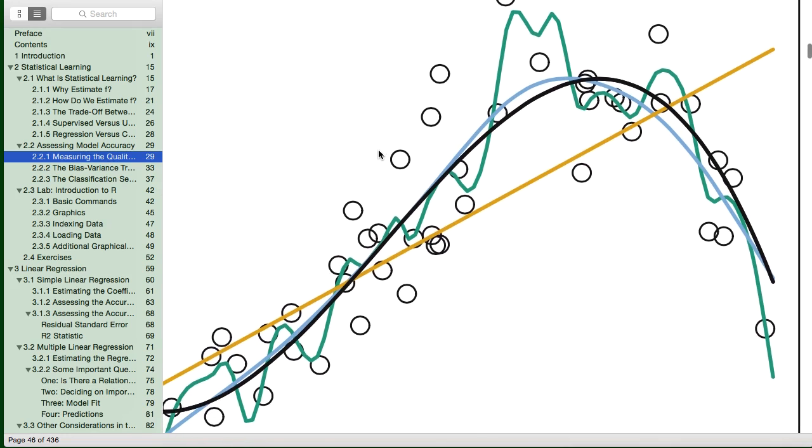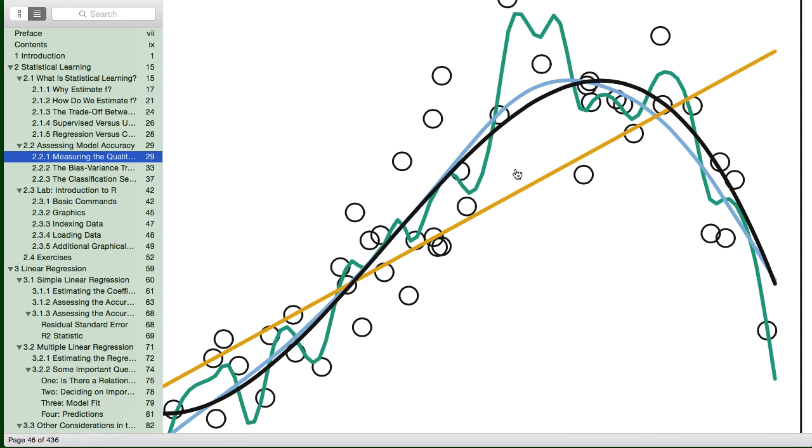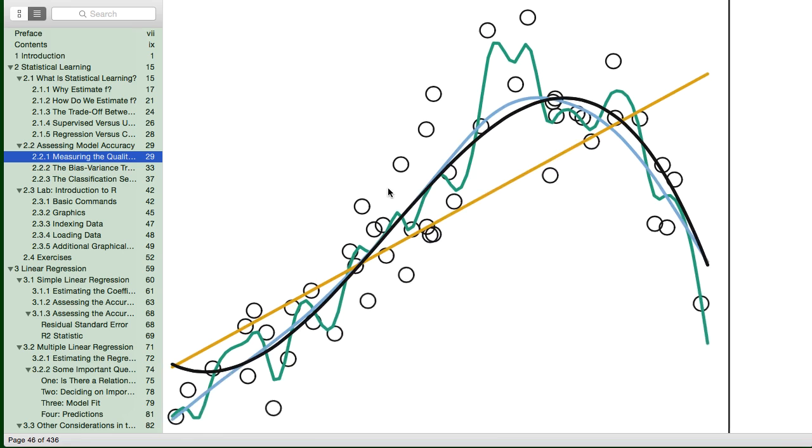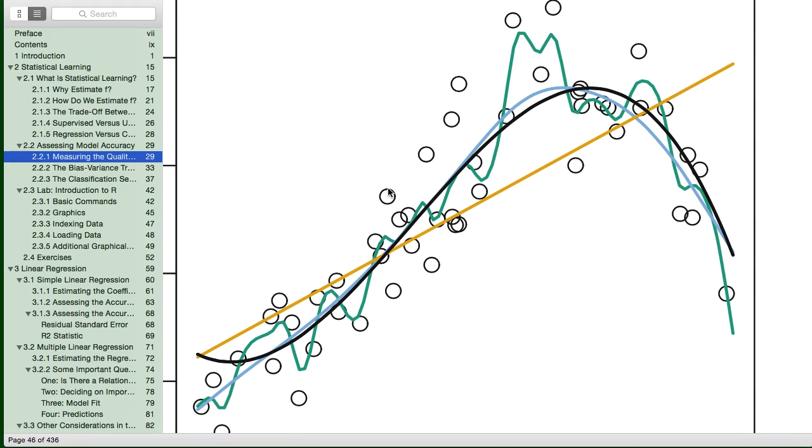I don't have very good eyesight. So we have a mustard-colored one, which they call orange, a blue one and a green one. These three curves, not the black curve, are what we see. We've got this data, and we've fitted these three curves to the data using three different methods.